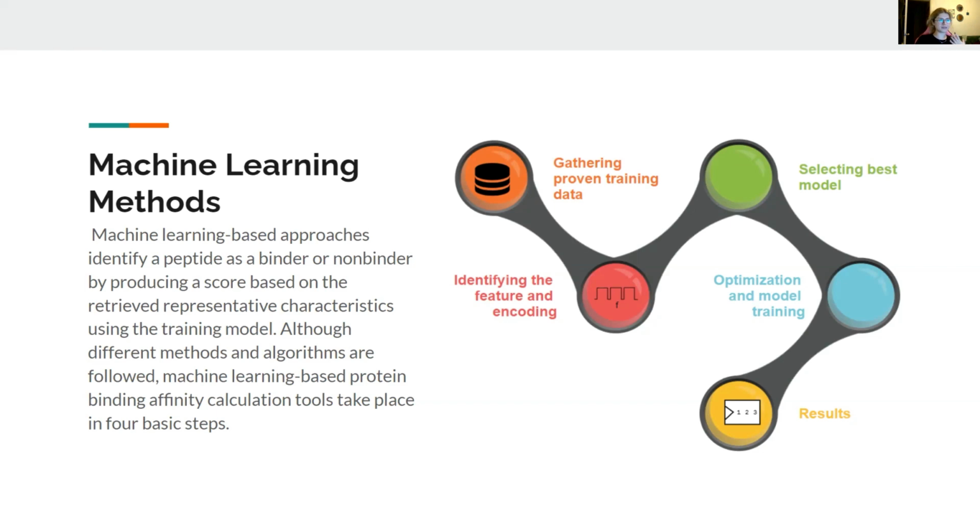Then selecting the model is another step. They have different kinds of approaches for selecting the best model, optimizing, model training, and getting the results.